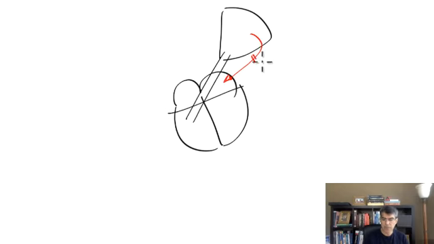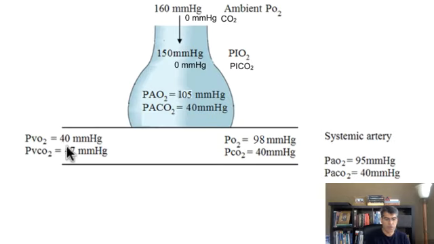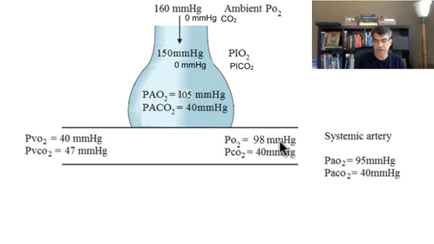This red line represents pulmonary vein, and this one is pulmonary artery. Therefore, this is my pulmonary artery. After air is going to get exchanged, it's going to go to pulmonary vein, and this one is going to end up in the left atrium, and left atrium is going to send blood to the left ventricle, and ventricle is going to send it to the aorta.